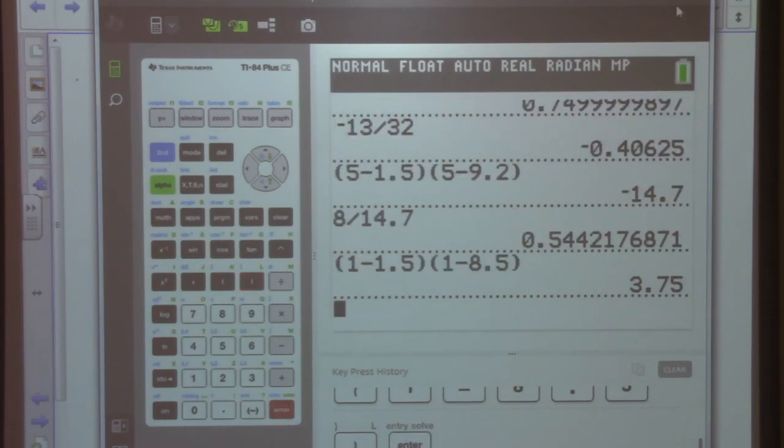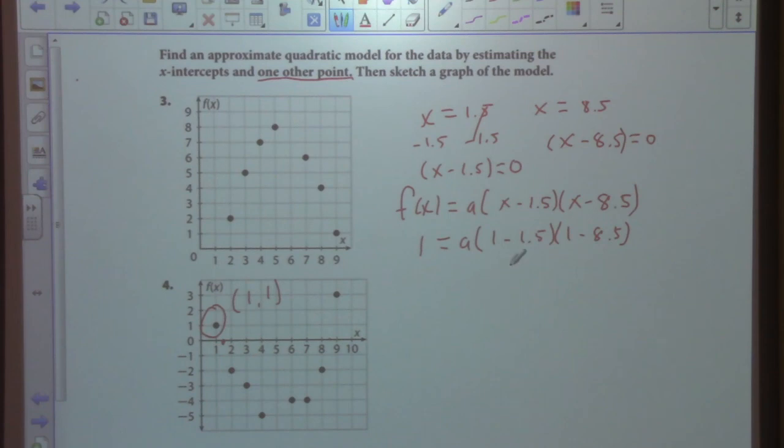So we get 3.75, right? 3.75 A. So A is equal to 1 over 3.75. And so what is our equation going to be? F of X is equal to 1 over 3.75 times X minus 1.5 and X minus 8.5.